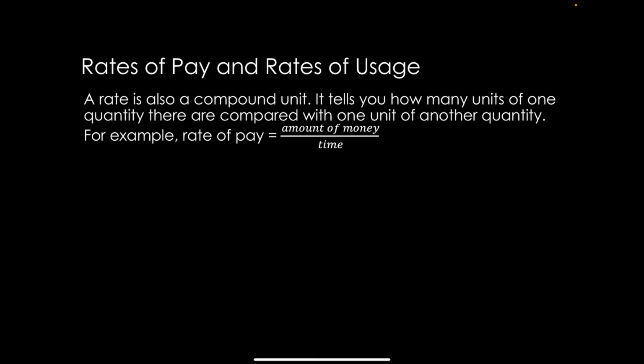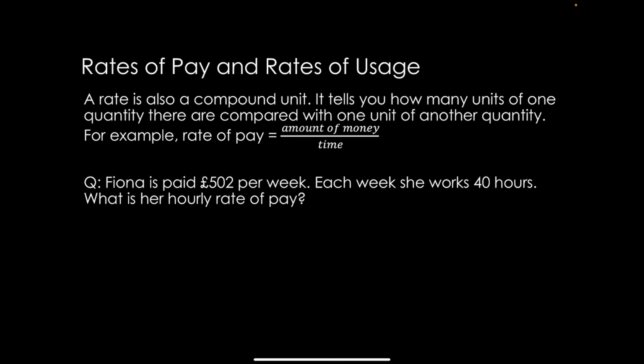In this case, rates of pay is the amount of money you get paid per the time that you do. For example, Fiona is paid £502 per week. Each week she works 40 hours. What is her hourly rate of pay?